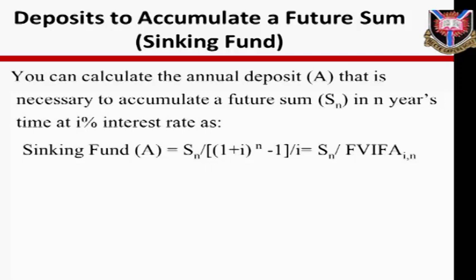You can calculate the annual deposit necessary to accumulate a future sum in n years' time at interest rate i as sinking fund equals S_n over (1 plus i) to the power n minus 1, divided by i, which gives us S_n divided by FVIFA at i interest rate for n years.